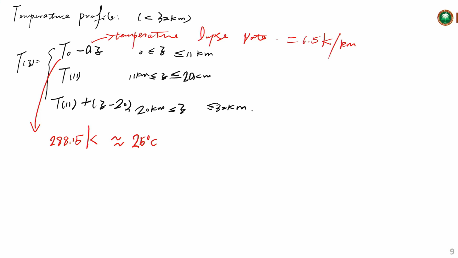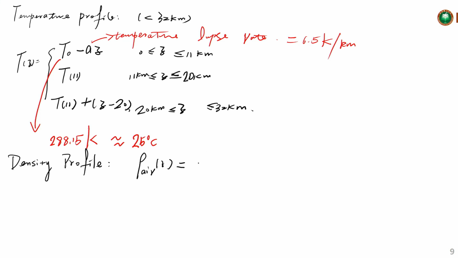Another parameter is the density profile, the air density. We name it rho air, with respect to theta.